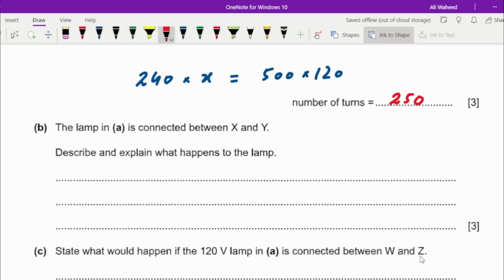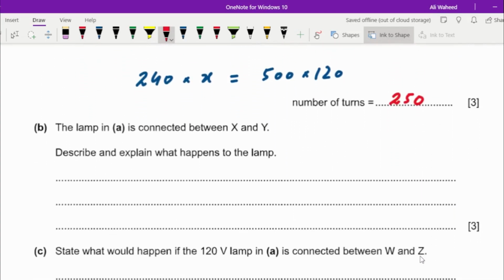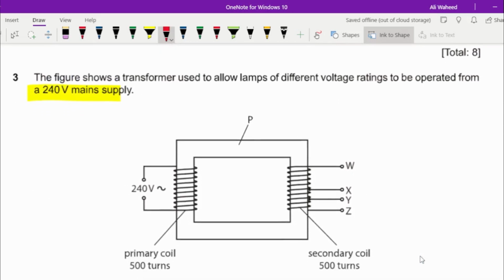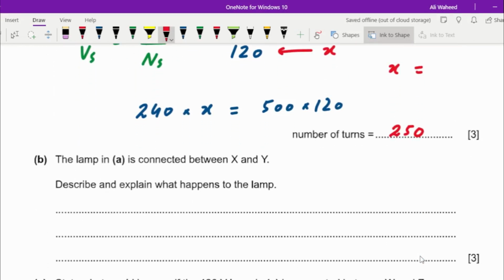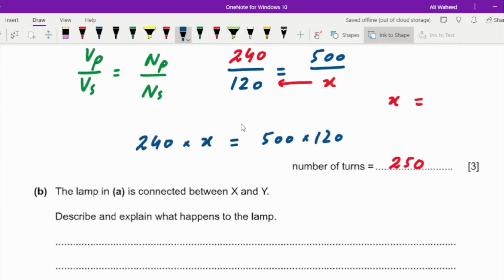For number of turns, we don't have any unit because it's a number. Okay, let's take a look at the next one, the lamp in A. The lamp in A is connected between X and Y. So that means the voltage that the lamp is getting would be 120 volts, and it would be connected across the number of turns 250.